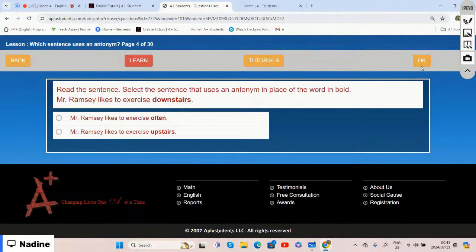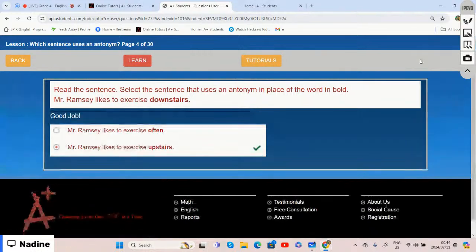If it is not downstairs, then it's often, or if it's not downstairs, it is upstairs. The opposite of downstairs is upstairs. If it's not downstairs, then it's upstairs. Well done.